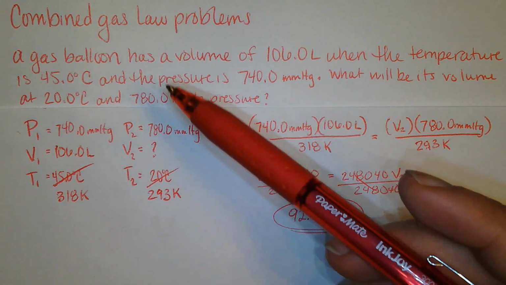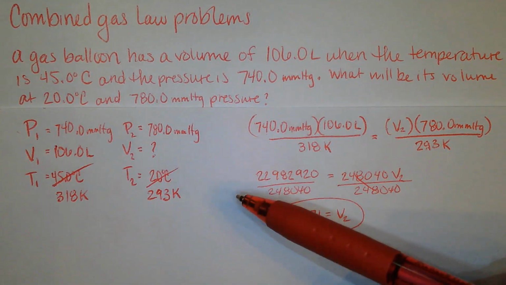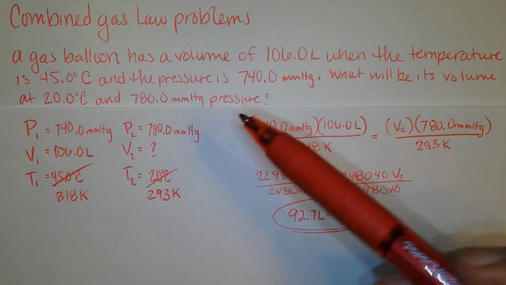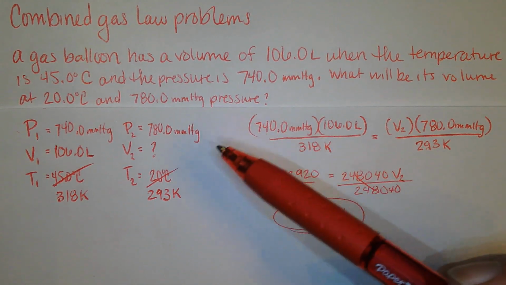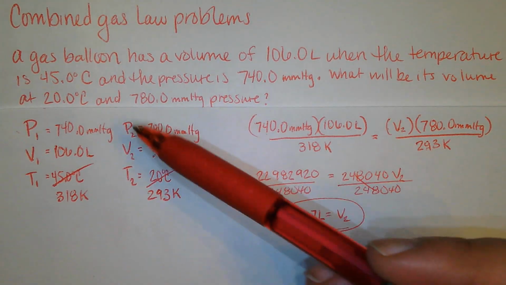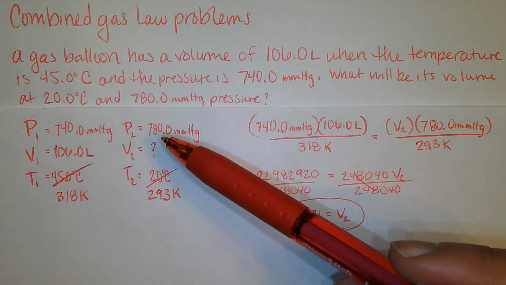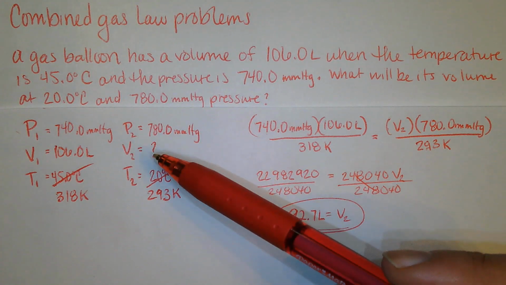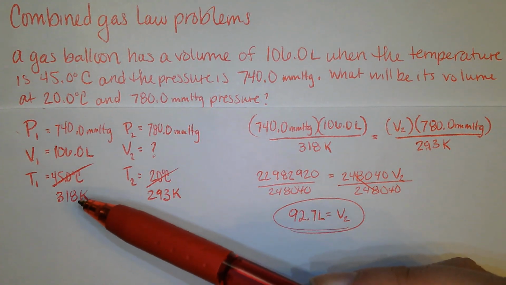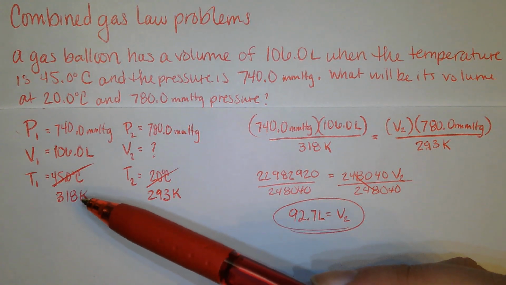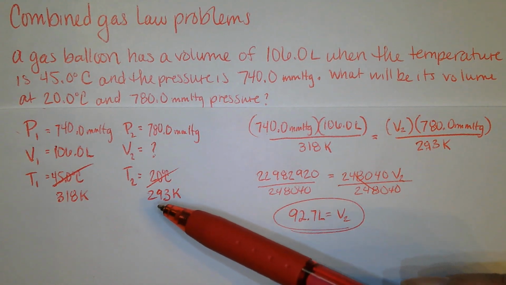So the thing is, before when we were able to do these, you had something increasing and something decreasing, so you kind of knew what your final answer would be. In this case, the pressure is increasing, which means the volume should decrease. But here, the temperature is decreasing, which also means the volume should decrease.